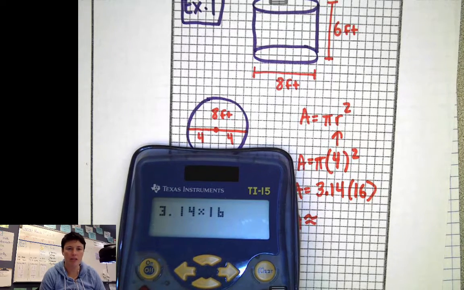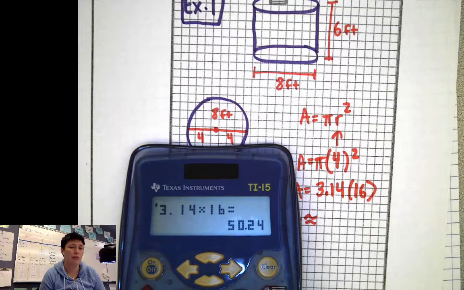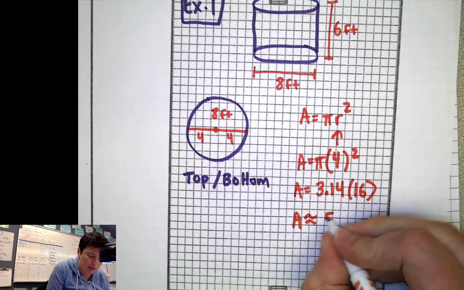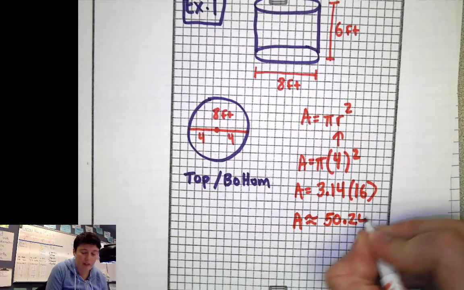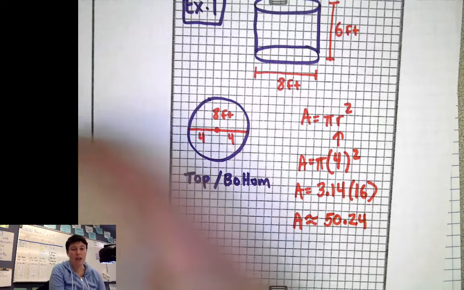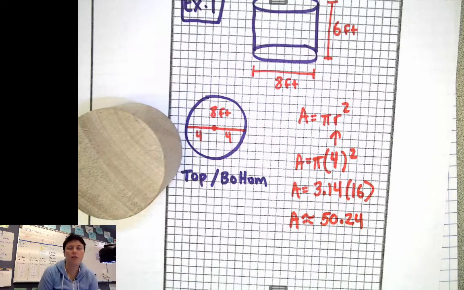Remember, double check my math. Make sure you're getting the same thing as me. I'm getting 50.24. So I'm going to write down the area of this circle is about 50.24. And I know there's going to be 2 of those because there's the top, and then when I flip it, there's the bottom. Okay, so we got the circle.